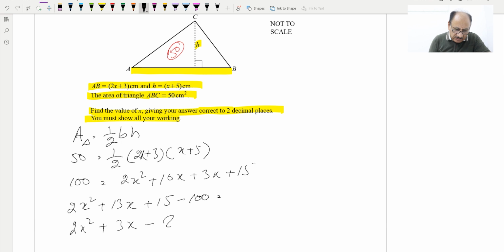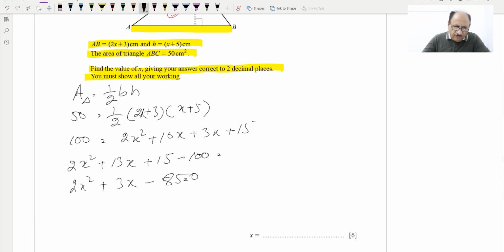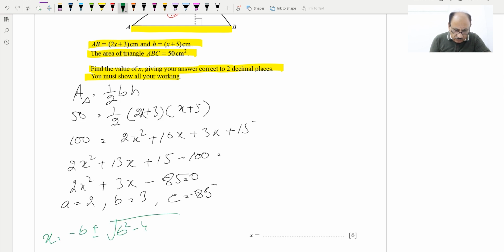So minus 85 is equal to 0. Now we can apply the quadratic formula. A value is 2, B value is the coefficient of x, and C value is equal to the constant, which is minus 85. And the quadratic formula, you know, x is equal to minus b plus minus square root of b square minus 4ac over 2a, and we can replace the values.